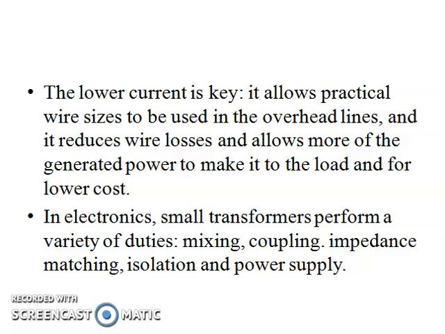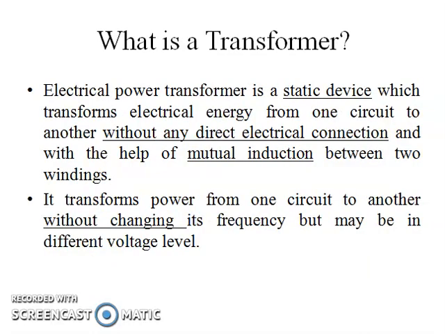With this background, now we'll study what a transformer is. The electrical power transformer is a static device where electrical energy is transferred from one circuit to another without any direct electrical connection, with the help of the mutual induction principle between the two windings.